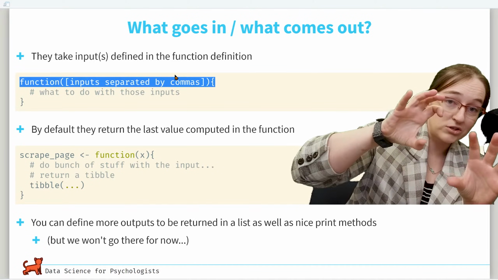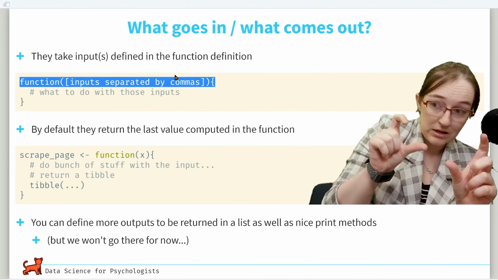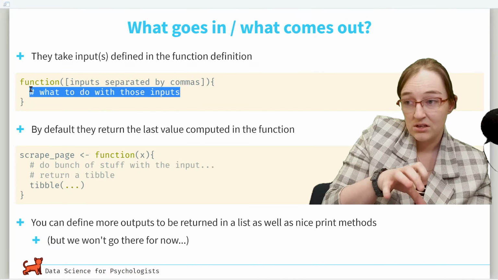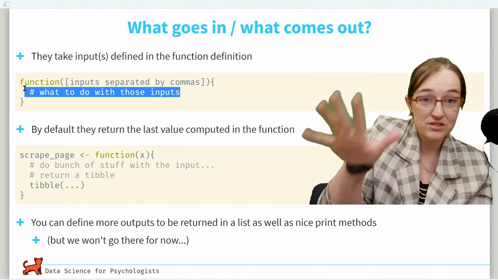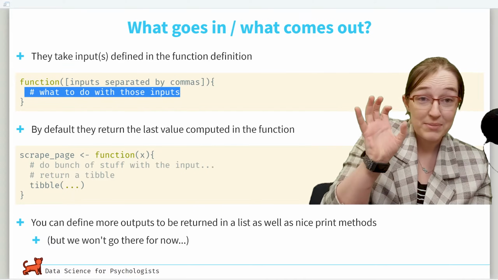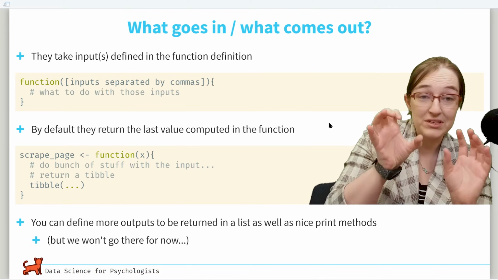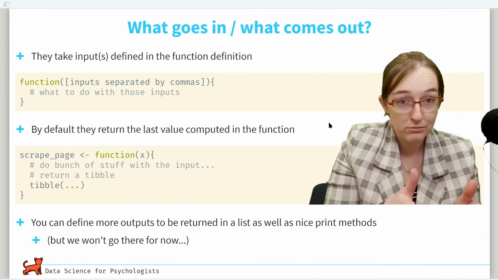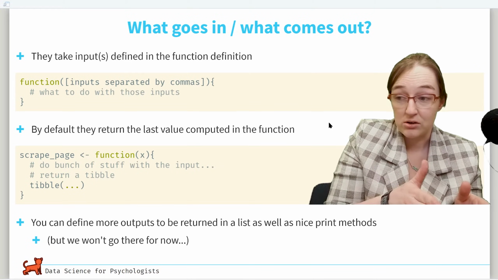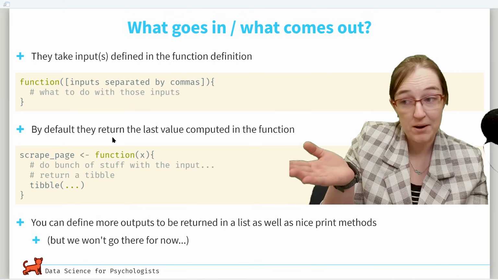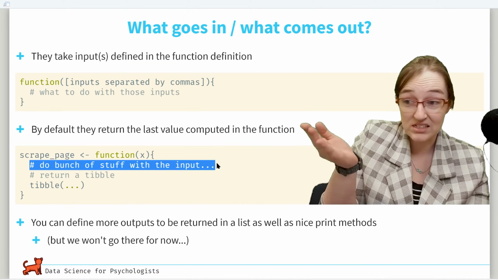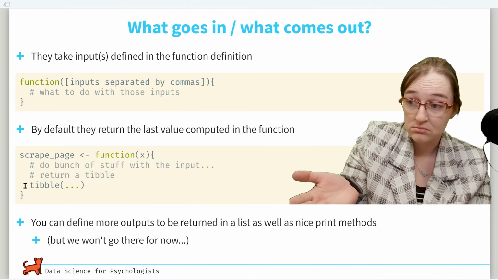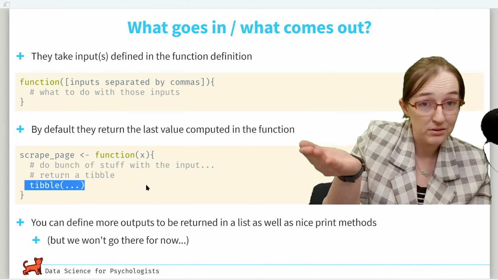And once you define them, then the innards of the function do stuff with those inputs. And then by default, they return the last computed thing of the function and spit it out. So we can see in this scrape page function, it does a bunch of stuff with the input and then returns a tibble. Because the last thing here is a tibble.